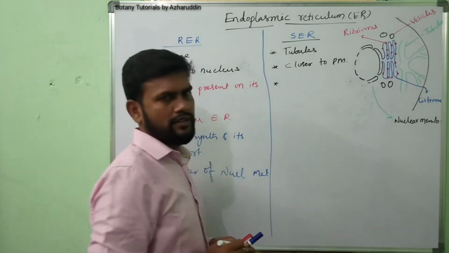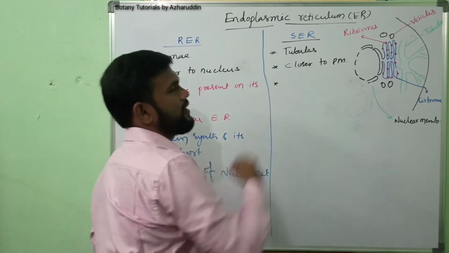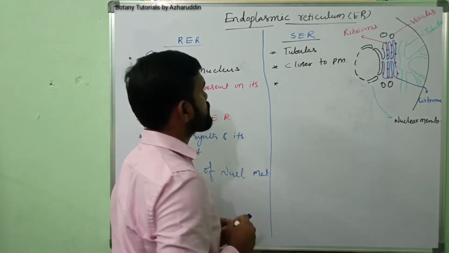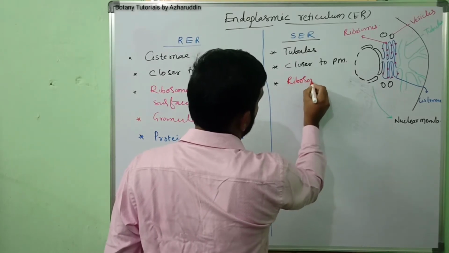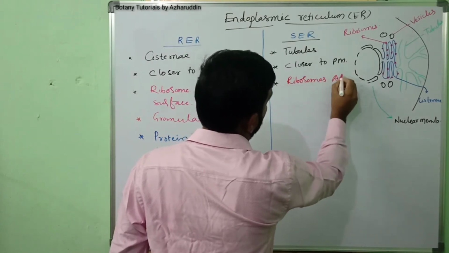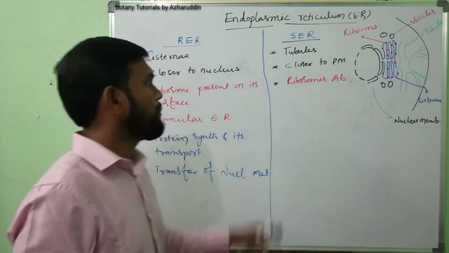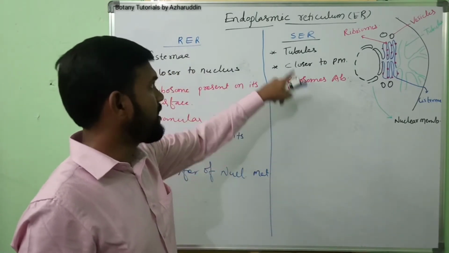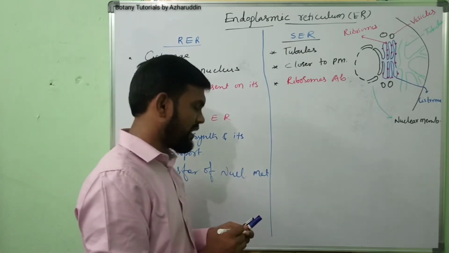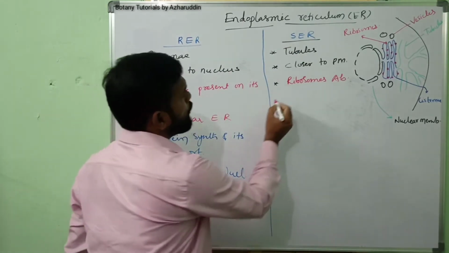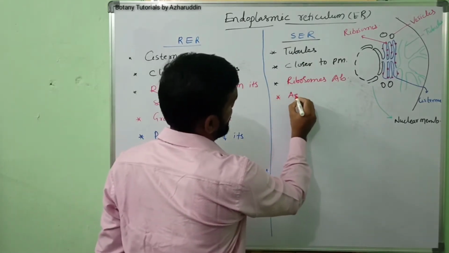Next, ribosomes are absent in the SER. Ribosomes are absent on its surface. Because of this, SER is also known as agranular endoplasmic reticulum.